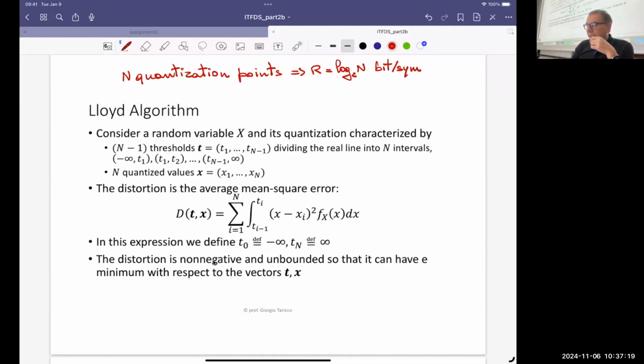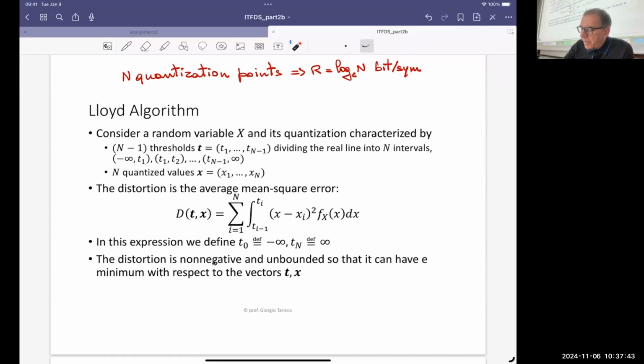We can also define a number of thresholds that divide the real line into n intervals, and these thresholds are t1, t2 up to tn minus 1.